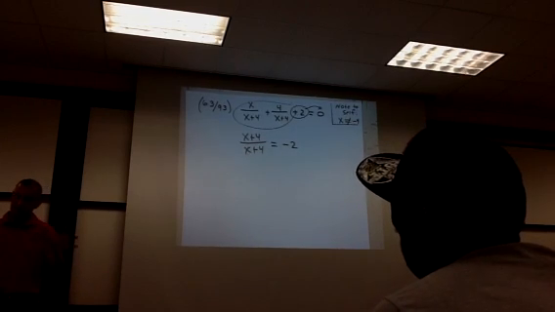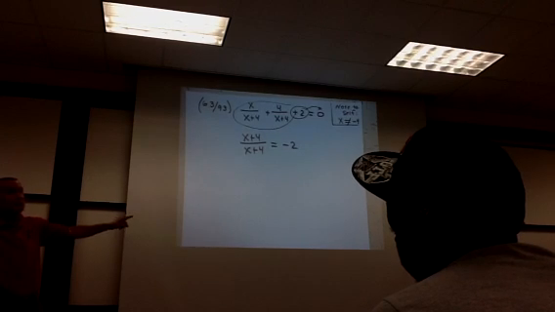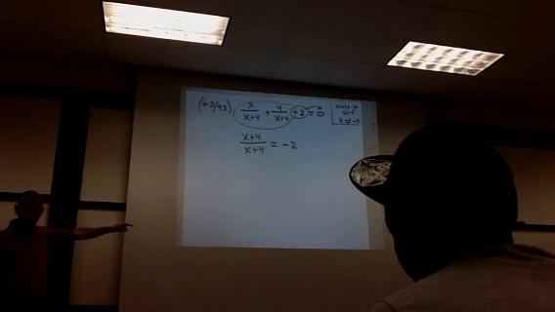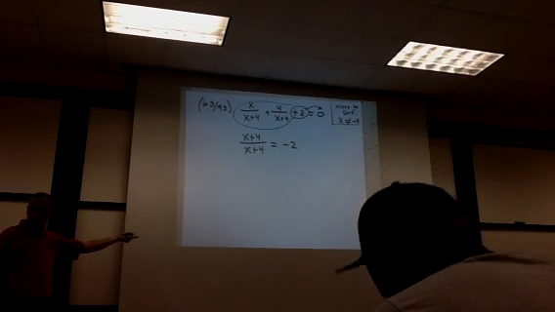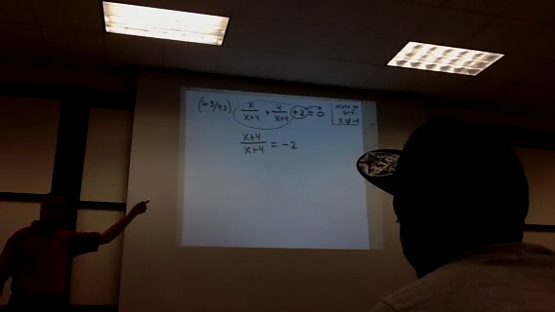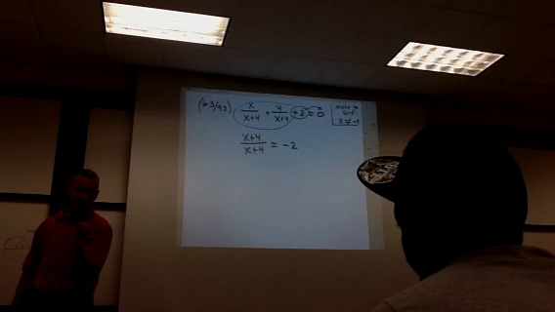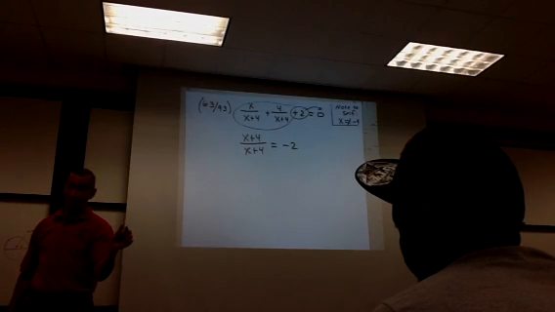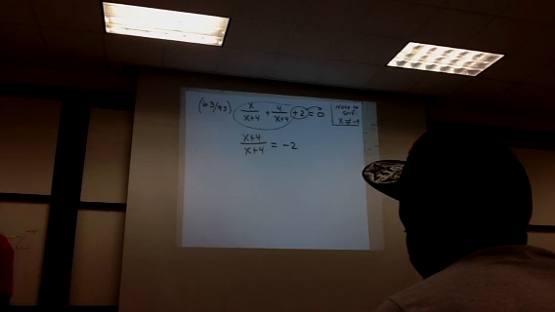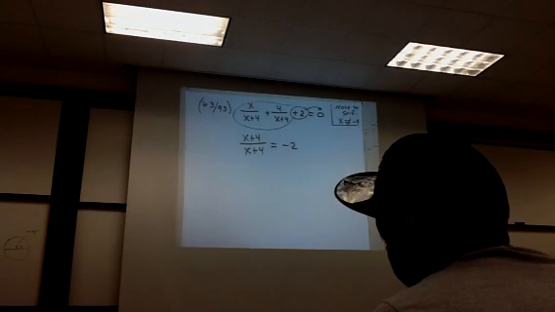Just to be safe. Because there will be instances, I promise you, when you will solve a problem and you get x equals -4, and you go back and go, oh, wait a minute, x can't be -4. So you will not choose the option that says x equals -4, you will choose the option that says no solution. All right? So let's see. X plus 4 over x plus 4, that's the same as 1.